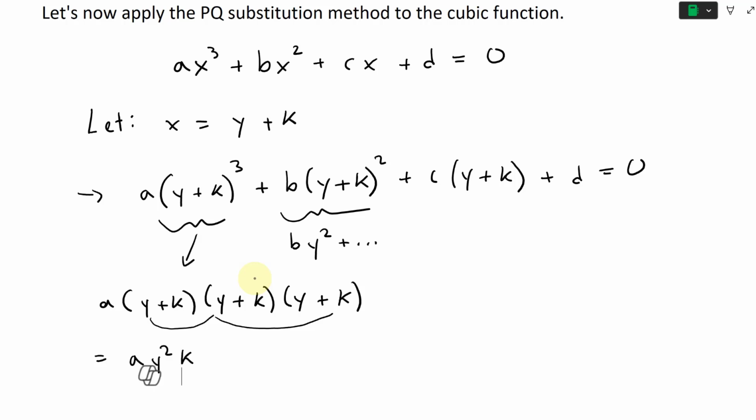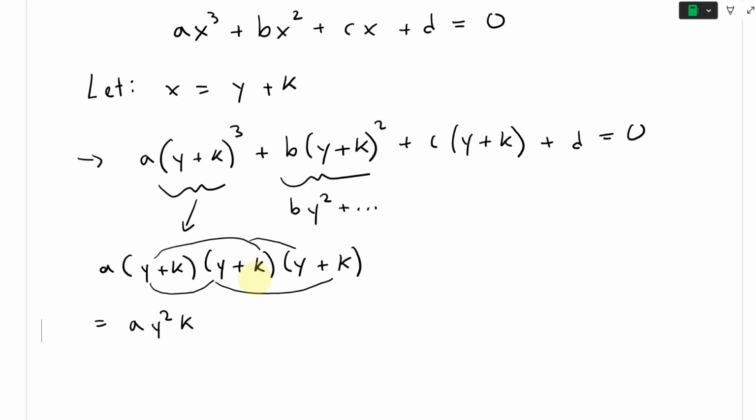Now the next one, we can do y times k, and then times y. So we get another term like that, a y squared k. And the last one, we can multiply this k with this y, and then with this y over there. So we get another one, a y squared k. That's the only ones that we can do.